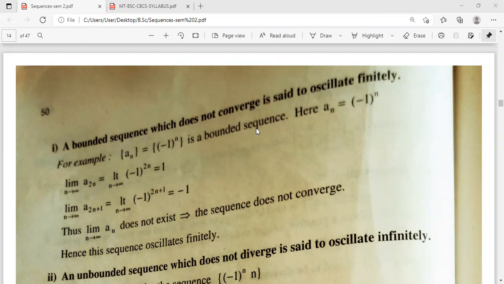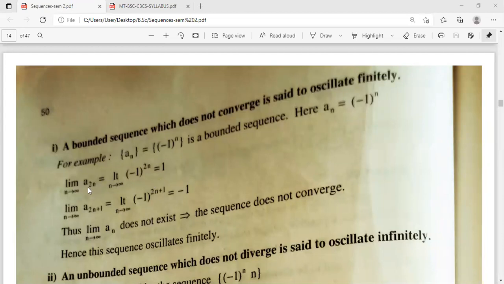We already took this in the previous cases, we refer to the examples there. You got supremum equal to plus 1 and infimum equal to minus 1. That means you can write minus 1 less than or equal to a n less than or equal to 1.